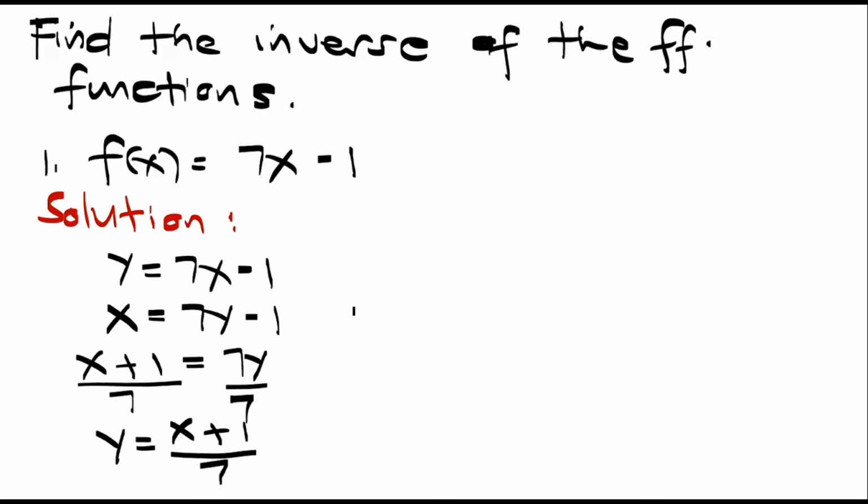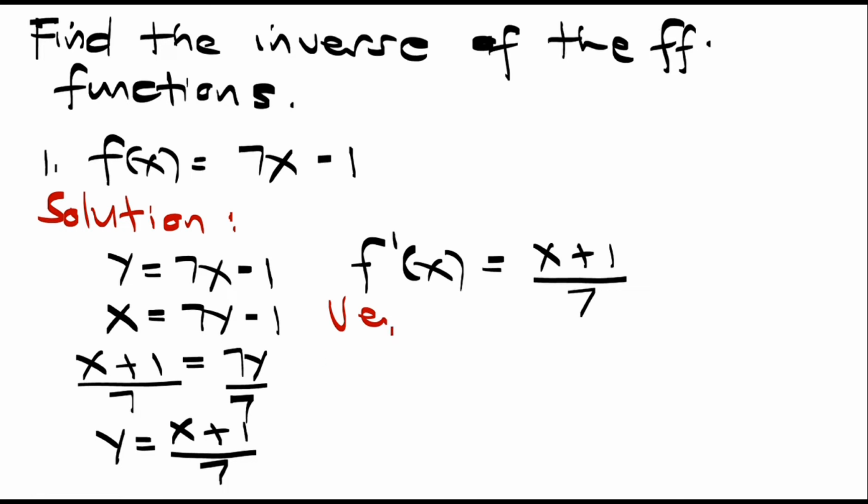But to appropriately denote the inverse of f of x, we use the prime sign. So f prime of x, which denotes the inverse of f of x, is now equal to x plus 1 all over 7. So how are you sure that this is the inverse of 7x minus 1? So you verify.